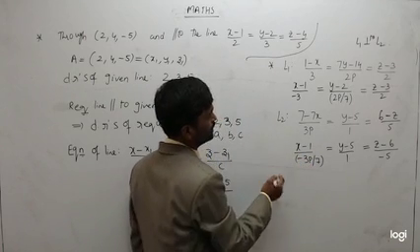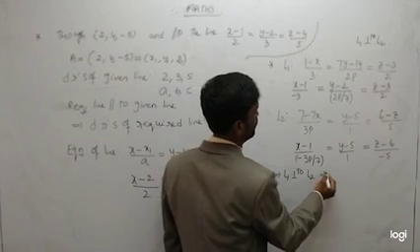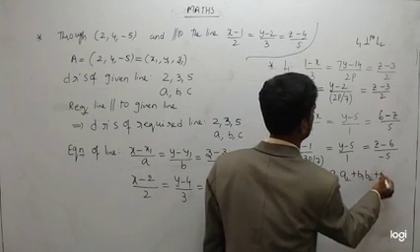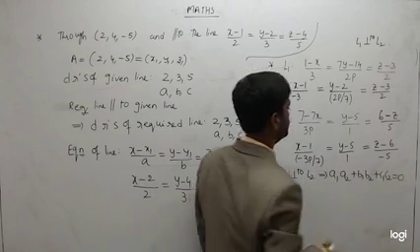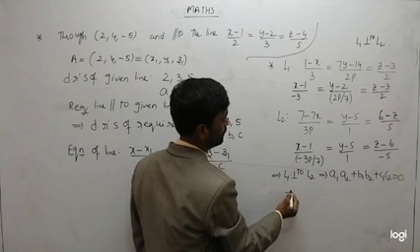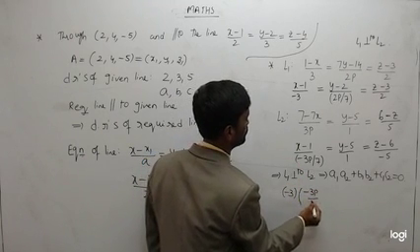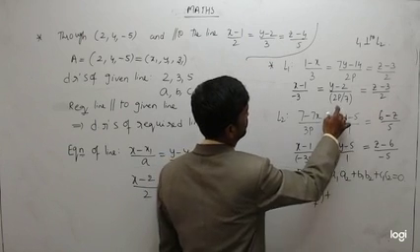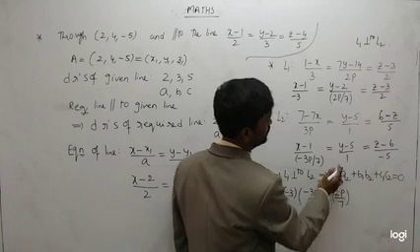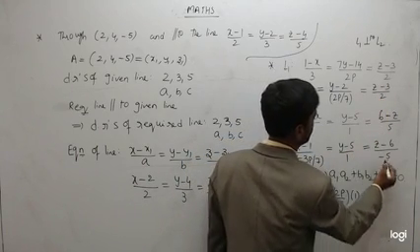So as these two lines are perpendicular, given L1 is perpendicular to L2, what is the condition? A1 A2 plus B1 B2 plus C1 C2 is equal to 0. So A1 into A2: minus 3 into minus 3p by 7, plus B1, what is B1? 2p by 7, into B2, what is B2? 1, plus C1 C2, C1 is what? 2, into C2, what is it?